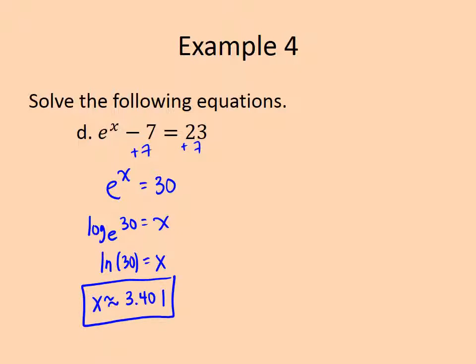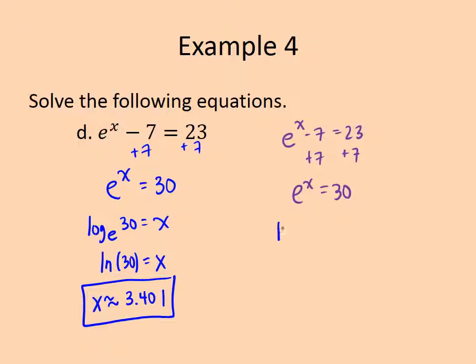Now if we use method 2, we start with the original problem, and once again we must isolate the exponent. So we add 7 to both sides. So we have e to the x equals 30. Now, because e is our base, we would take the log base e of both sides, which is in fact the natural log.